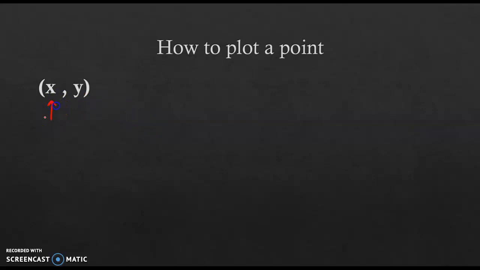Our x is our horizontal move, and our y is our vertical move. If we're looking at positive numbers, that means we're moving right or up, depending on whether it's in the x position or the y position.